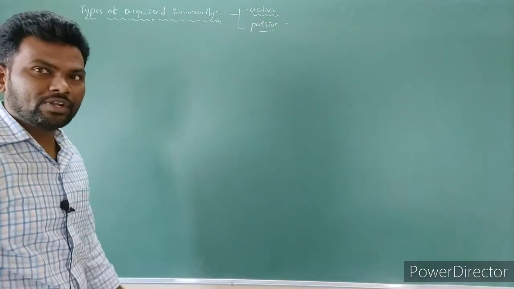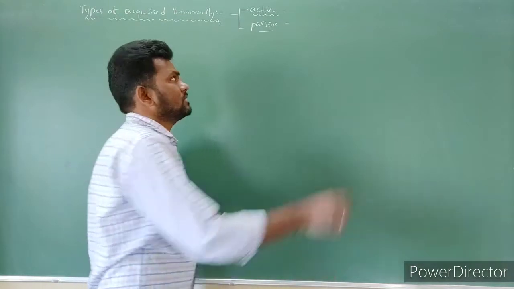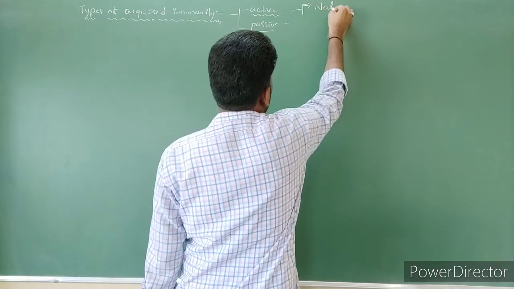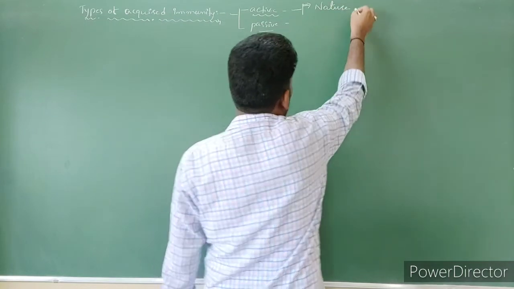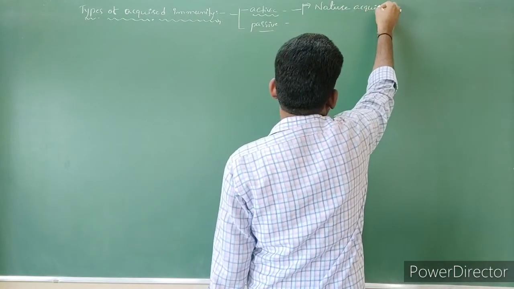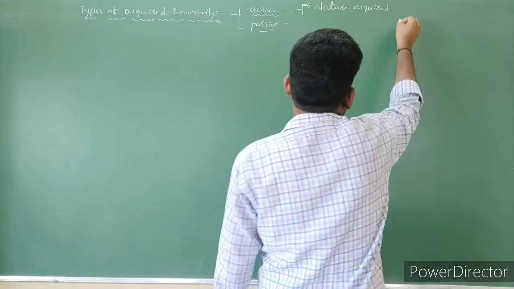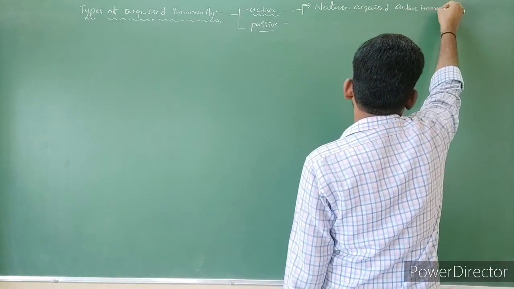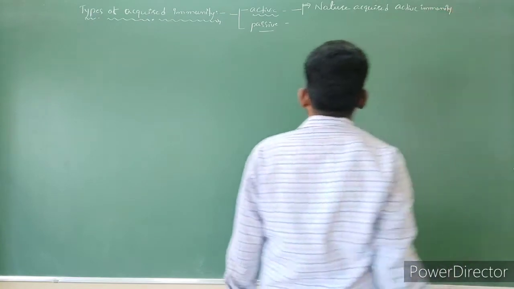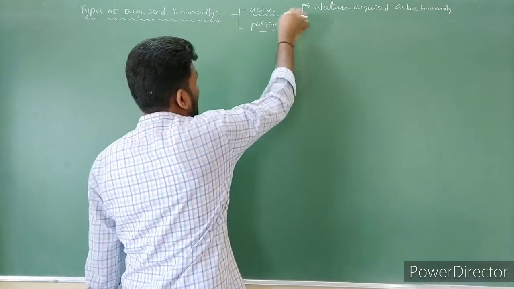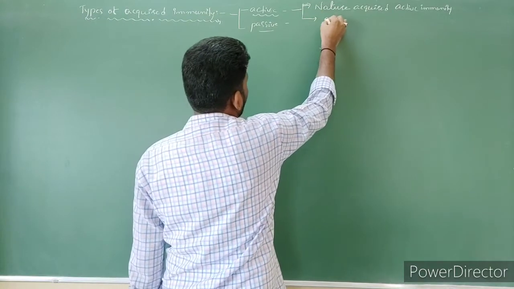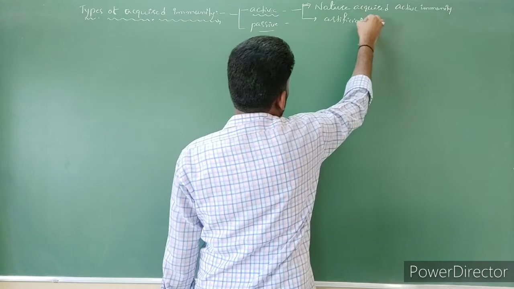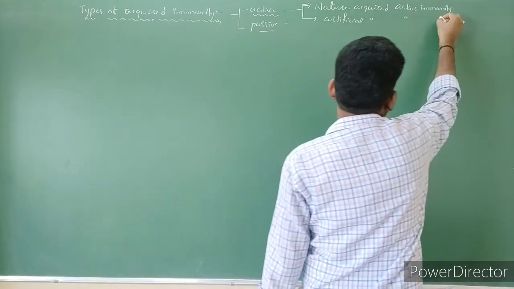Active acquired immunity is again divided into two types. The first one is natural acquired active immunity, and the second one is artificial acquired active immunity.